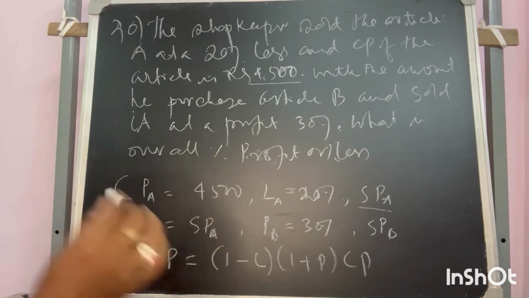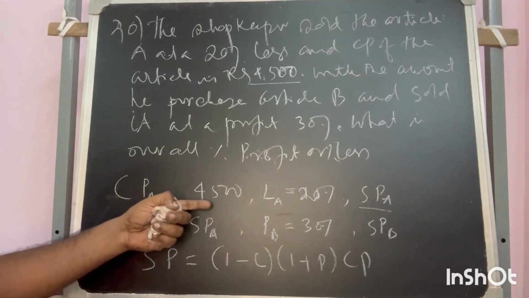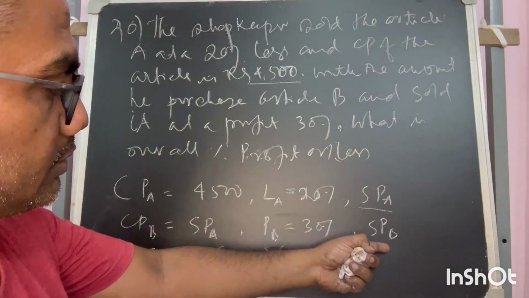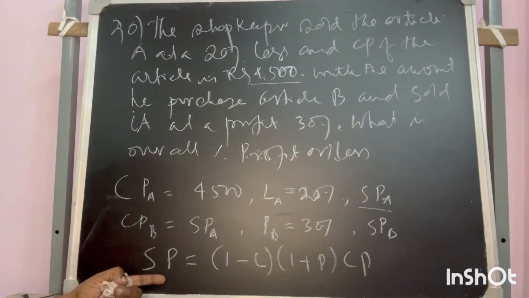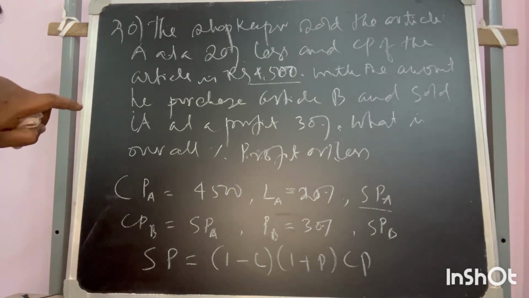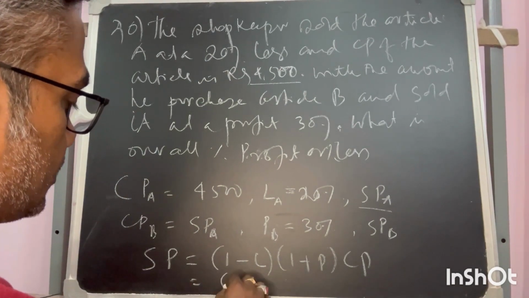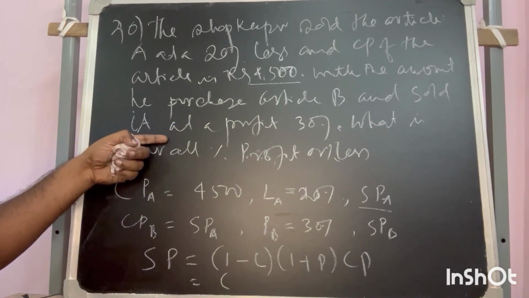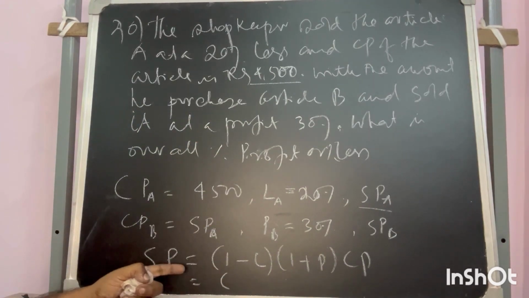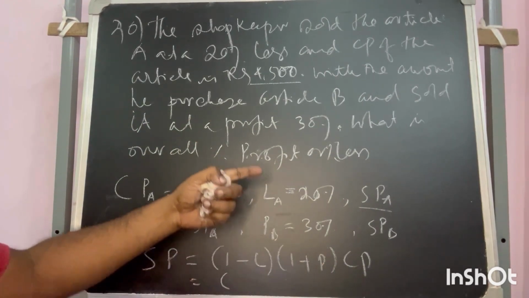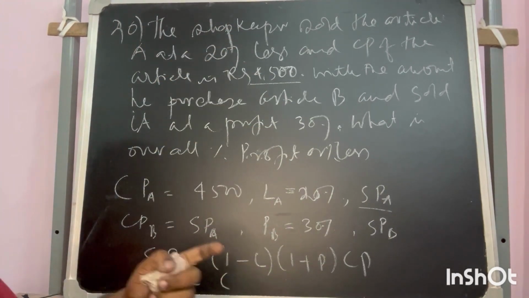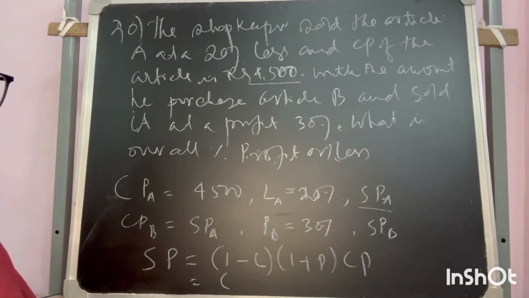Okay, now the cost price of A is the cost price of that transaction, and the selling price of B will be the ultimate selling price of that transaction, isn't it? So if we treat this so, at the end we will make the statement that after selling, this is where you will find the overall profit or loss after involving two different articles. That is only a language thing we have to make correct, otherwise the mathematics is the same.